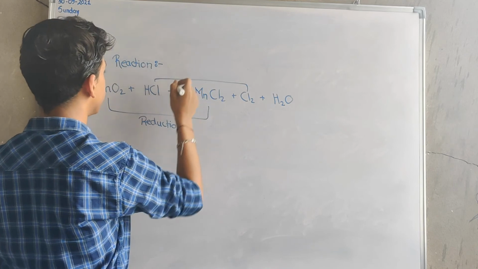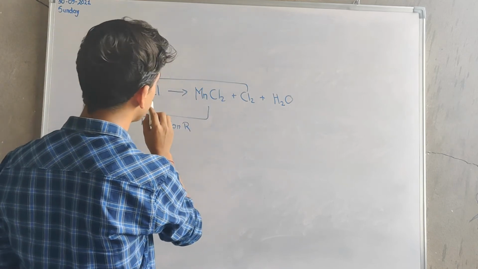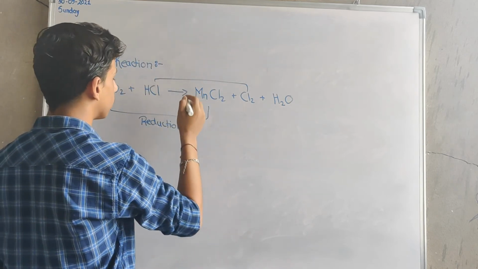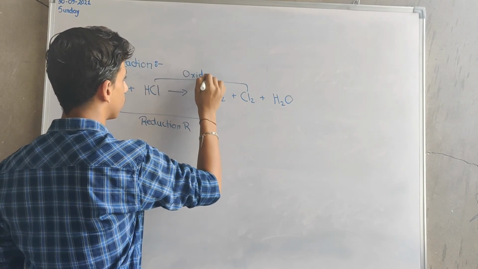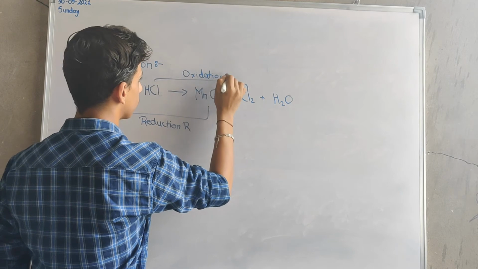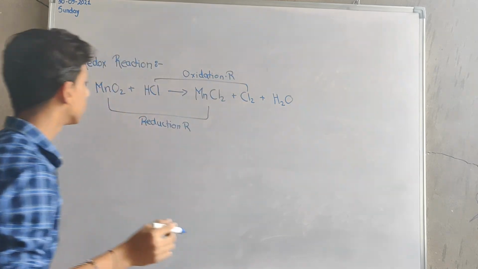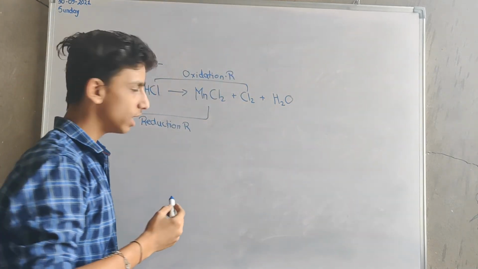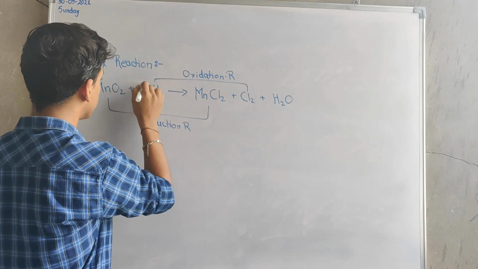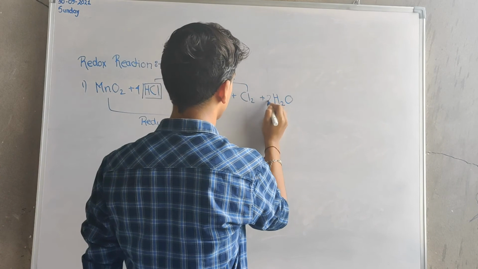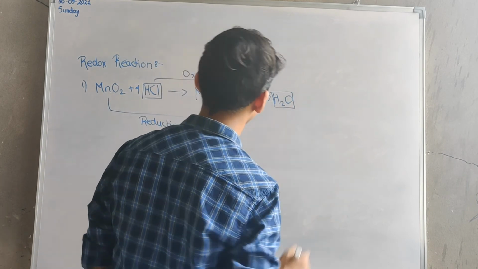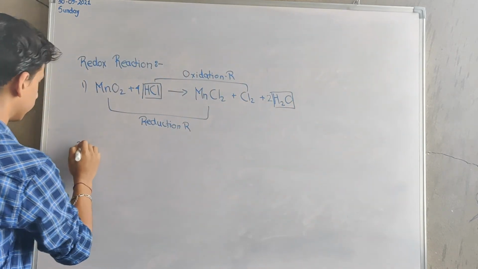And here is an oxidation reaction because the hydrogen is removed from this chlorine compound. So we have to balance it now. To balance it, we have to write 4 here and here, and here we have to write 2, and the equation is balanced.